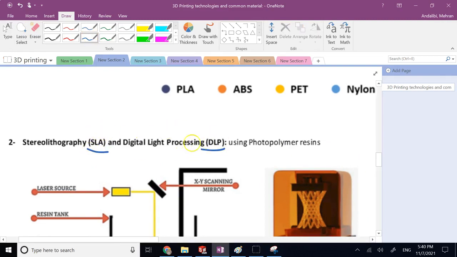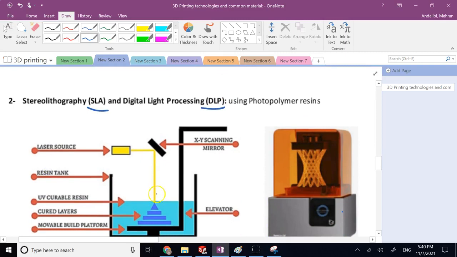So they both work on solidifying resin. What's the difference? SLA, when it shines the laser onto the resin and solidifies, it does it 1 pixel at a time, 1 point at a time, okay? So it shines here, let me use a different color. It shines here and solidifies, then here, here, here.